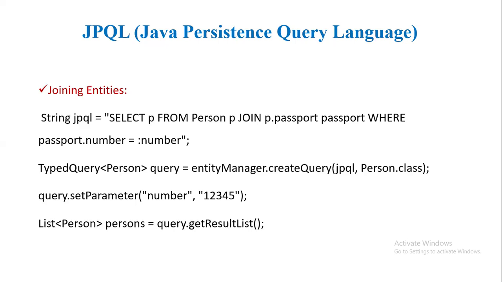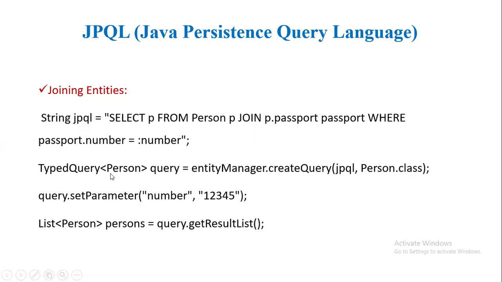Here we are joining the tables Person and Passport. For the persons who have a passport, those details have been joined. Here we have used only an inner join. We did not use any left outer or right outer joins. We have used only a simple inner join.